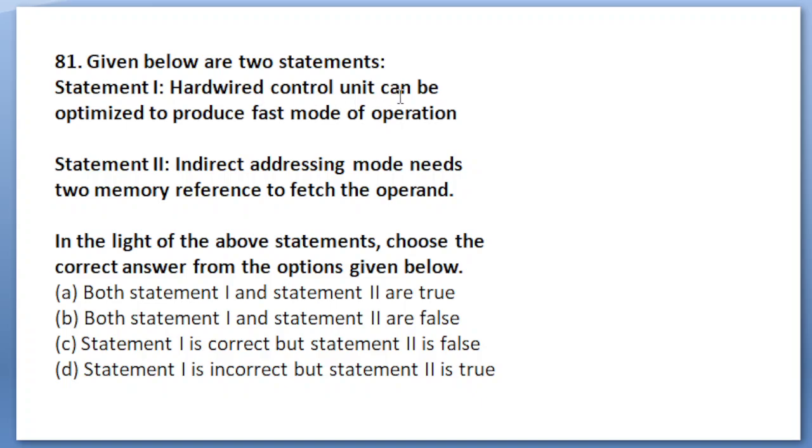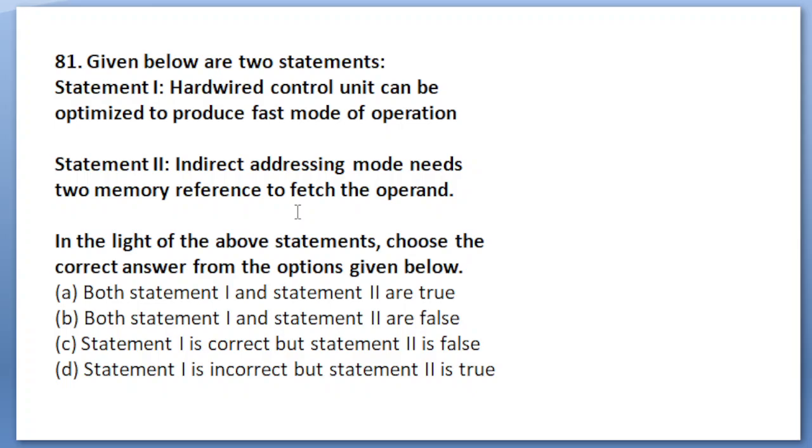Statement one is: a hardware control unit can be optimized to produce fast mode of operation. We have to check whether this statement is true. The second statement is: indirect addressing mode needs two memory references to fetch the operand. We should know what a hardware control unit is and what indirect addressing mode is.